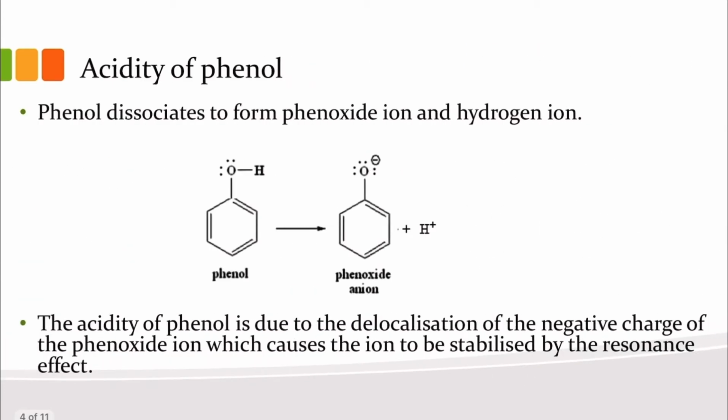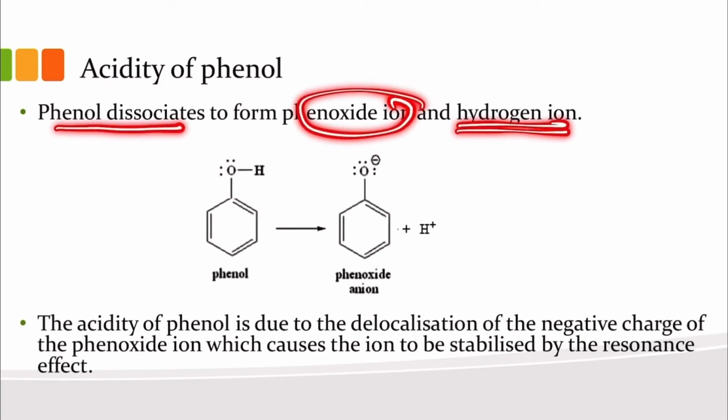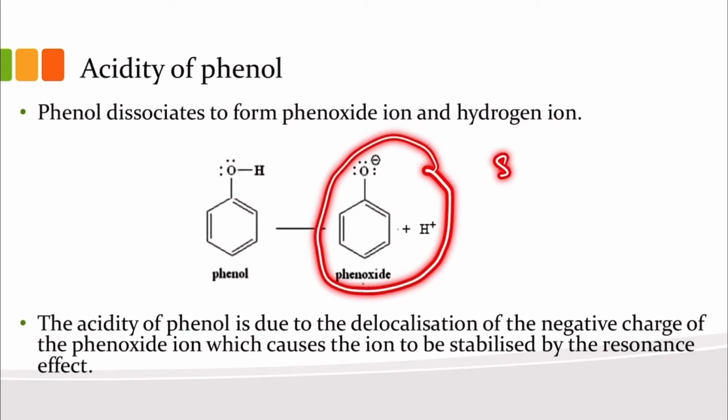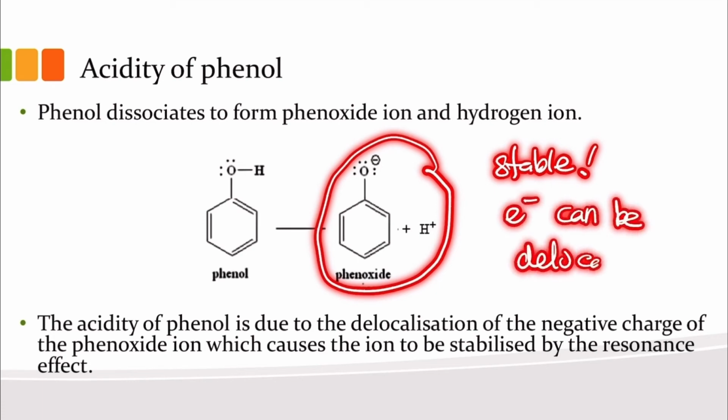Next, let's take a look at the acidity of phenol. Phenol will dissociate to form phenoxide ion and also hydrogen ion. The phenoxide ion is very stable because the electron can be delocalized into the benzene ring.